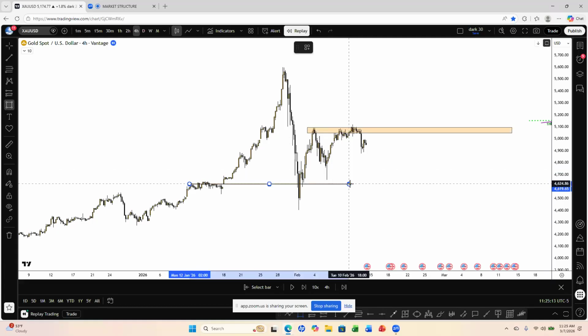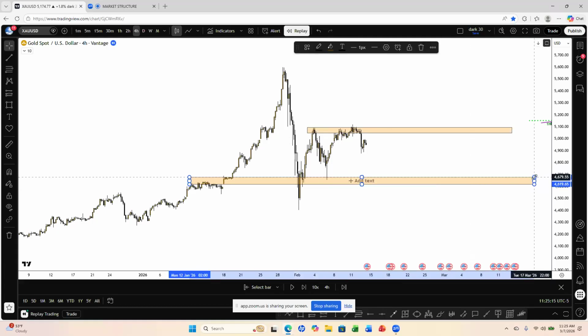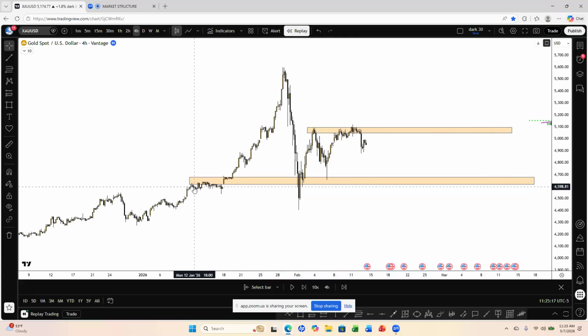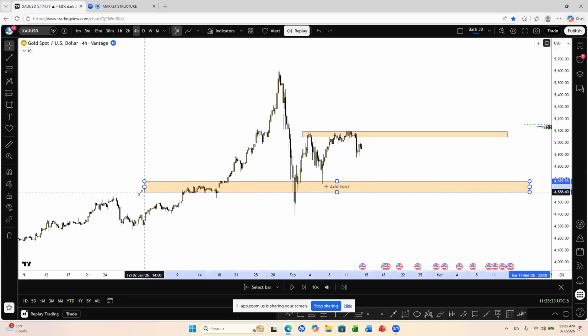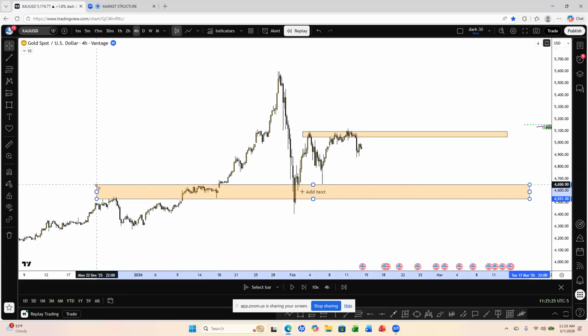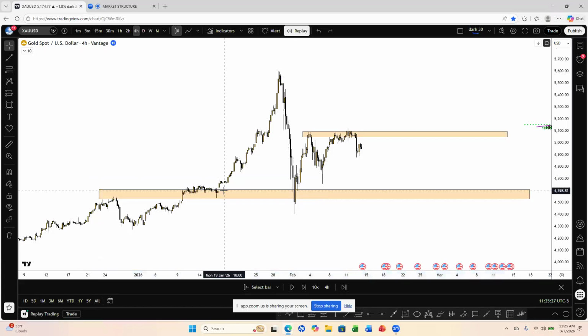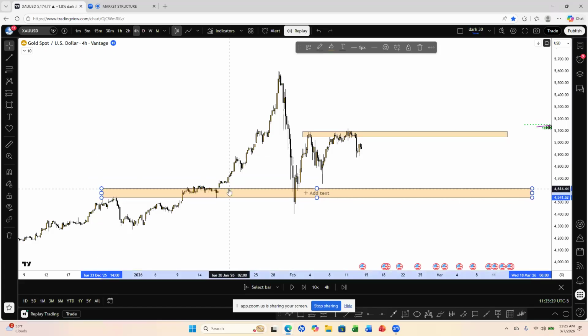Even if I go down to a smaller time frame, you'll probably see it better. But all this consolidation, you could tell it was some type of support right here, because it consolidated and shot back up.